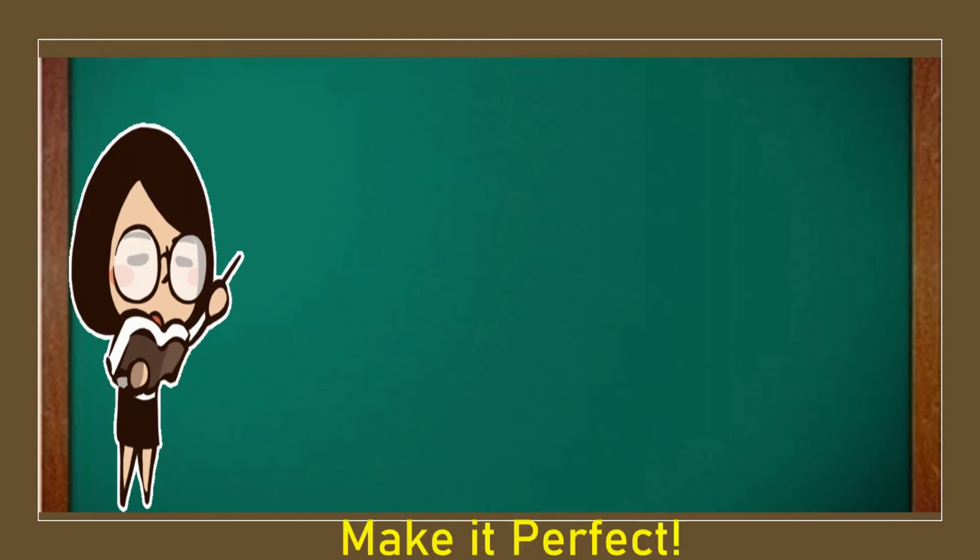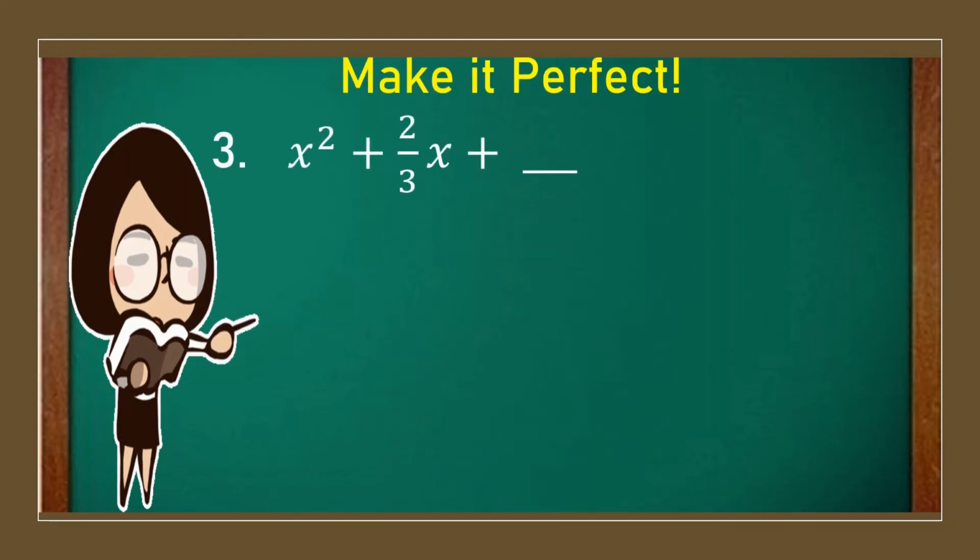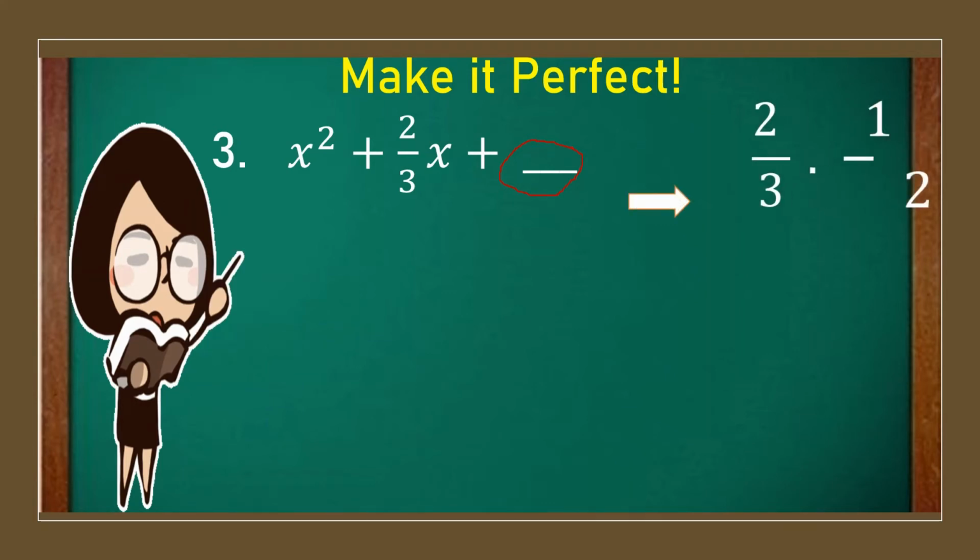Okay, number 3. Make it perfect. Our given is x squared plus 2/3 x plus blank. So what must be added? Let us get the second term, and that is 2/3. Divided by 2 means times 1/2.